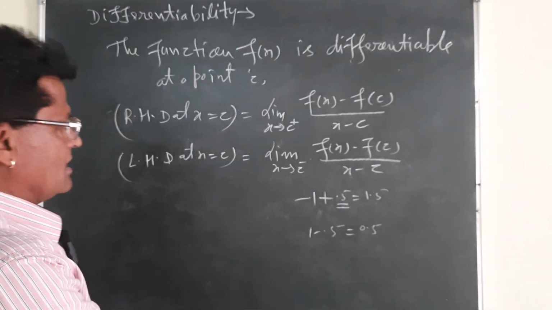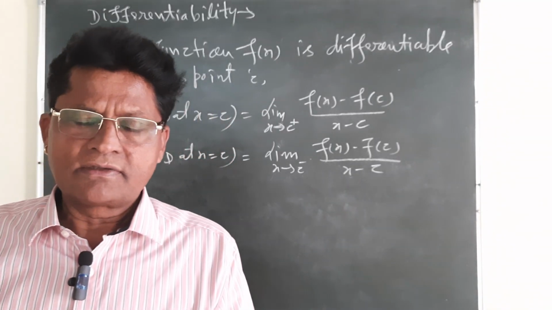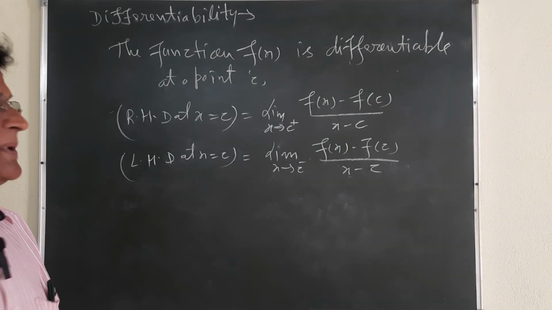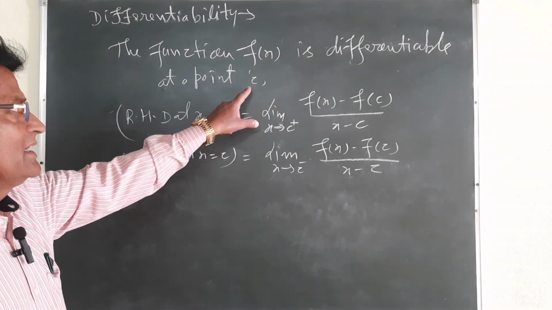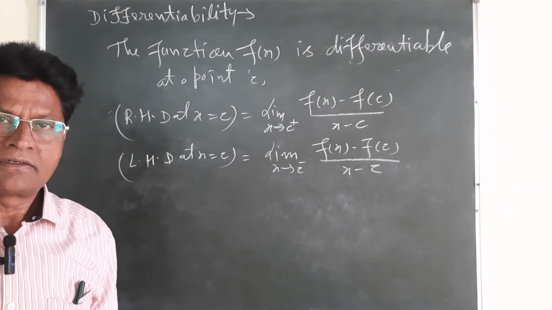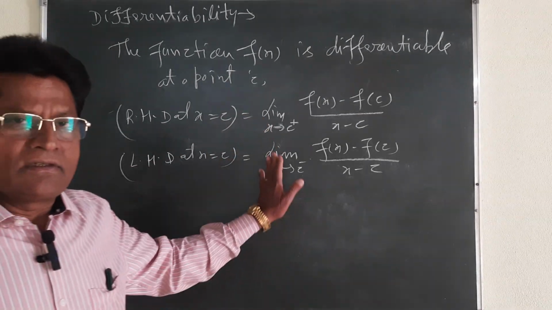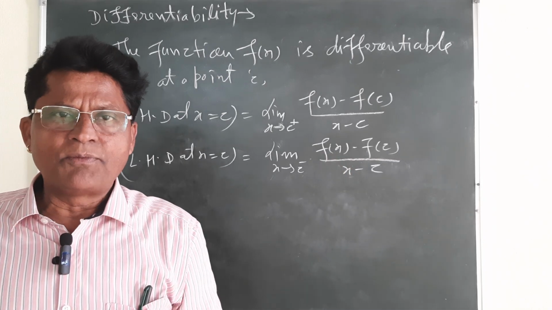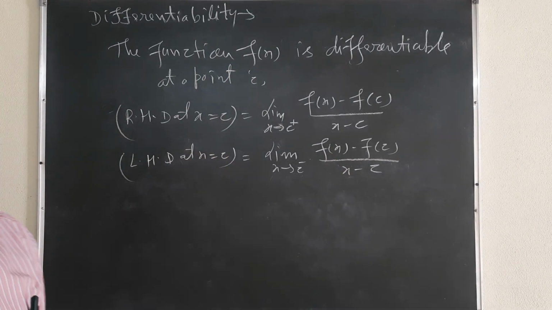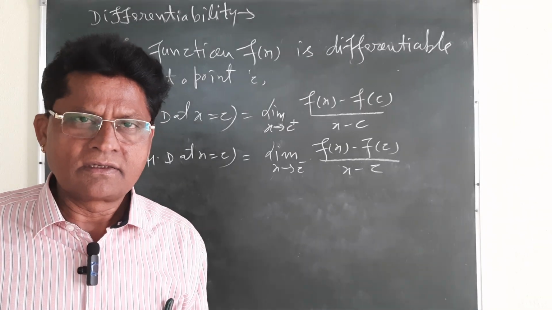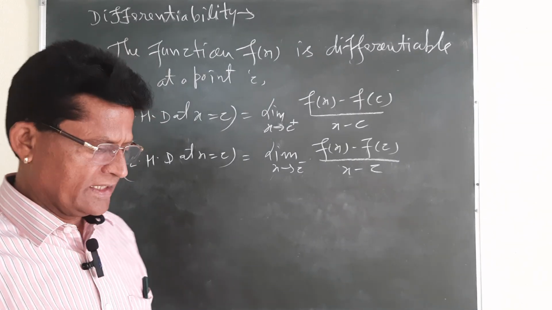If the left hand derivative is equal to the right hand derivative, then the function f(x) will be differentiable at what point? c. I think you understand this concept clearly, because I am going to take some important questions related to the differentiability of the function at c.